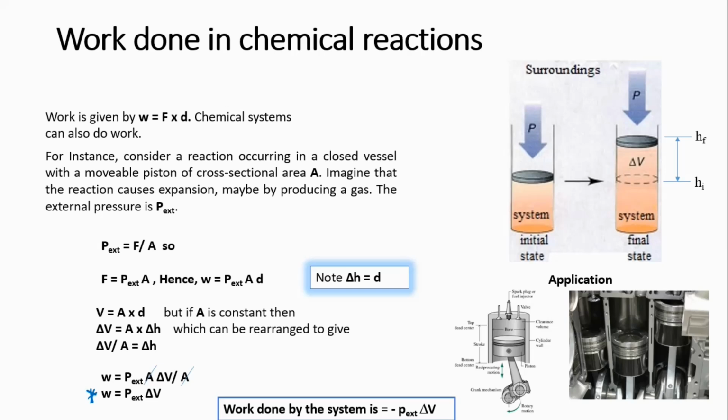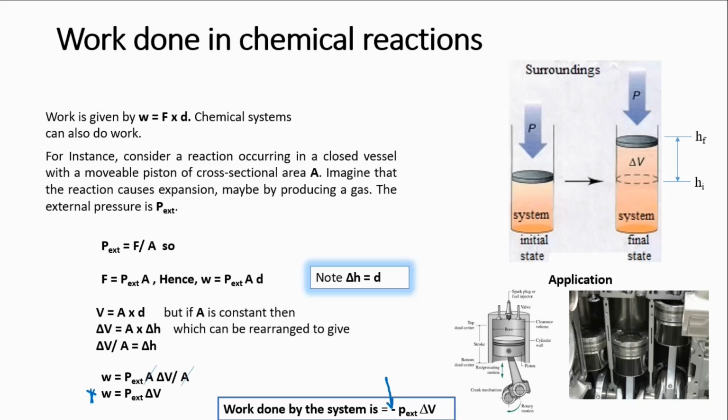Therefore, the work done by the system, if we say work is done by the system, we can put a negative sign. The negative sign is not something that you figured out or derived. It's a convention that we have attached at the end of the derivation, just to say that work was done by the system.